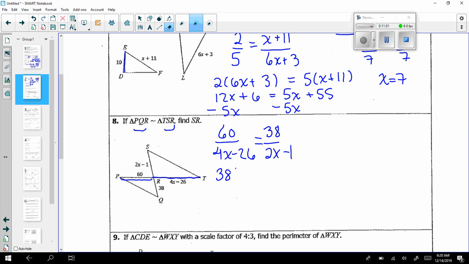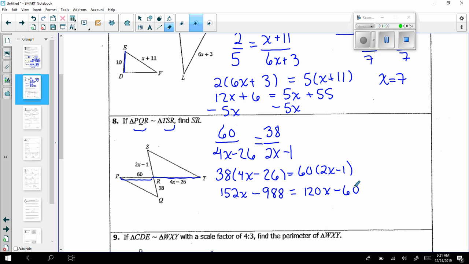So 38 times 4x minus 26 is equal to 60 times 2x minus 1. So 38 times 4 is equal to 152x. And 26 times 38 is 988 equals 120x minus 60. All right, now let's make this easy on ourselves by just bringing the variable to one side.